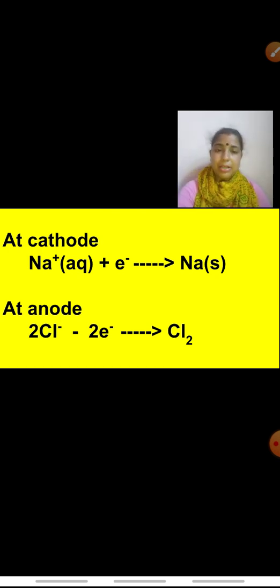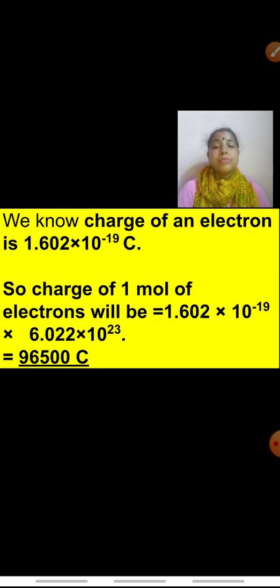Now children, we know that the charge of 1 electron is 1.602 × 10^-19 coulombs. So the charge of 1 mole of electrons is obtained by multiplying this with Avogadro's number: 1.602 × 10^-19 multiplied by 6.022 × 10^23, and we get the charge of 1 mole of electrons, approximately 96500 coulombs.